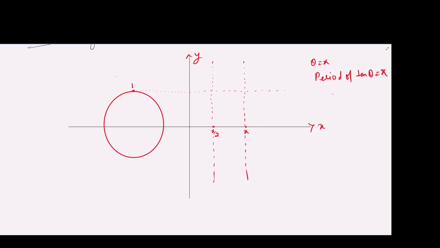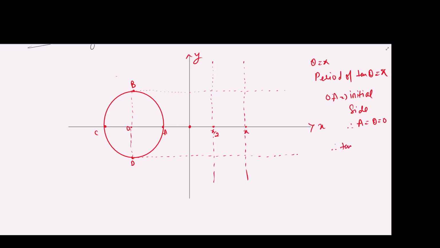So this is point B, this is point A, this is point C, and this is point D. So again draw a horizontal line through D. So since we have OA as initial side, therefore at A theta is 0.